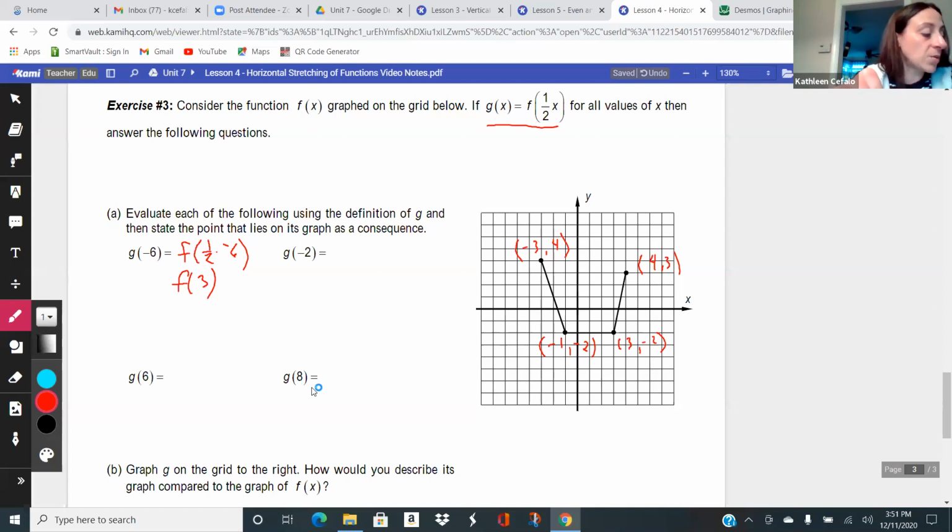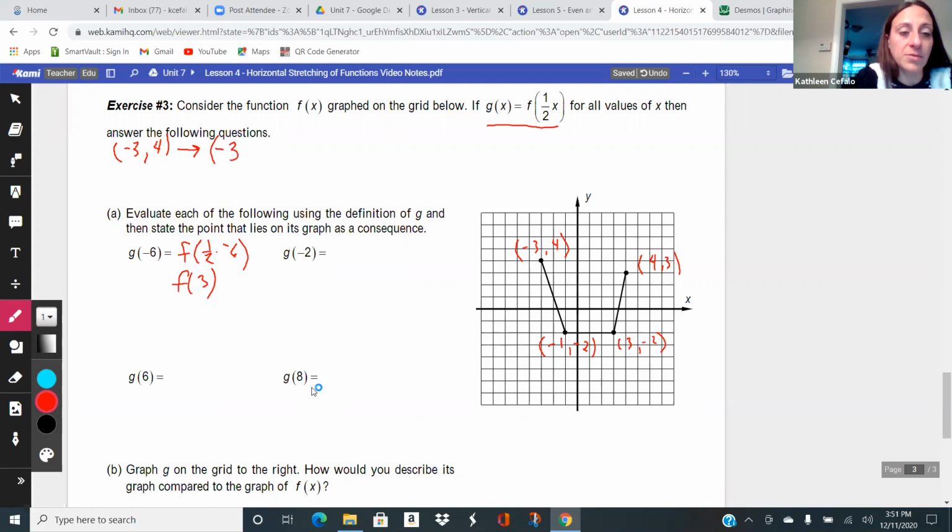All right, so if I go back to this first one here, -3, 4, and I want to find my new coordinate, remember what we're going to do. We're going to take the reciprocal and multiply the reciprocal by the x value. So the reciprocal of 1/2 is 2.